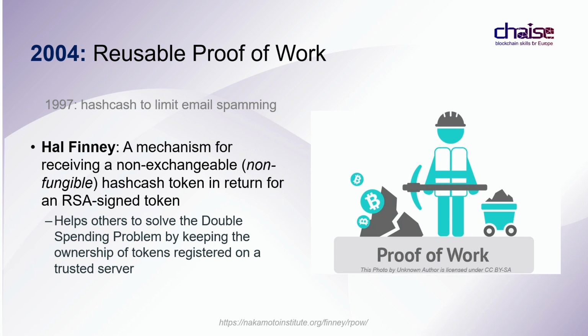Then, in 2004, Hal Finney introduced reusable proof of work, a mechanism for receiving a non-exchangeable or non-fungible hash token in return for the RSA-signed token. This system helps others to solve the double spending problem by keeping the ownership of tokens registered on a trusted server. The proof of work approach plays a vital role in the Bitcoin and other cryptocurrency mining.